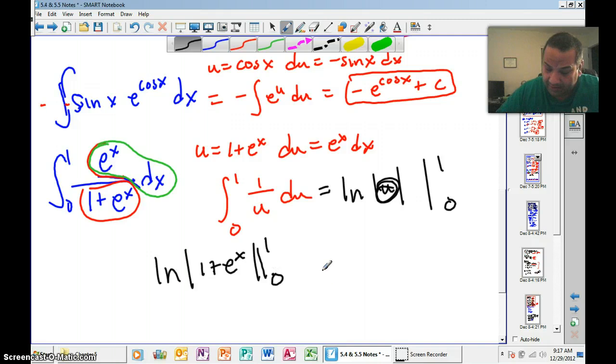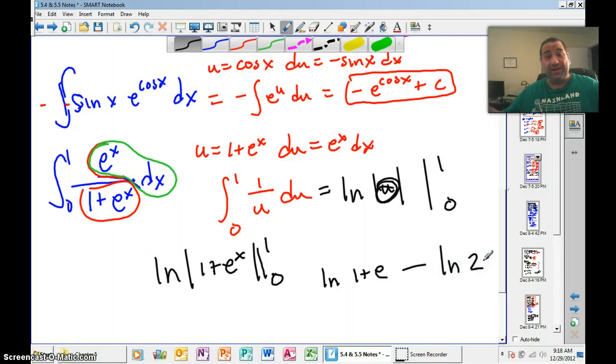So I'm going to get natural log of 1 plus e minus, well, when I put in 0, I get natural log of 2. That's how I would leave it, folks. If I have no calculator, if I have a calculator, it comes out to like 0.620. But if I don't have a calculator, you leave it like that.